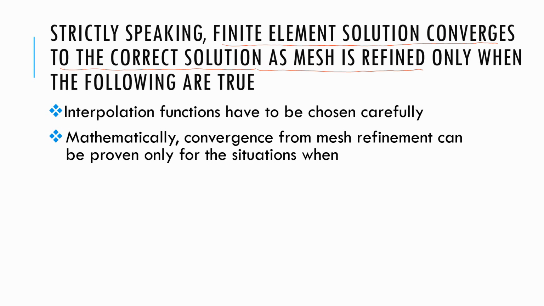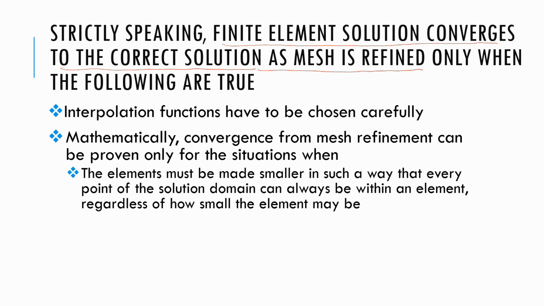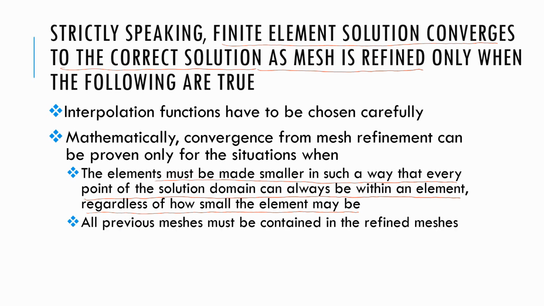Convergence can be proven only for situations when the elements must be made smaller in such a way that every point of the solution domain can always be within an element, regardless of how small the element may be. And another condition is all previous meshes must be contained in the refined meshes.